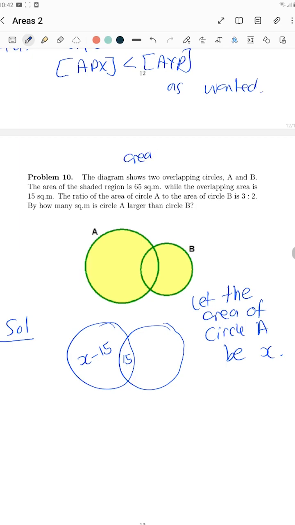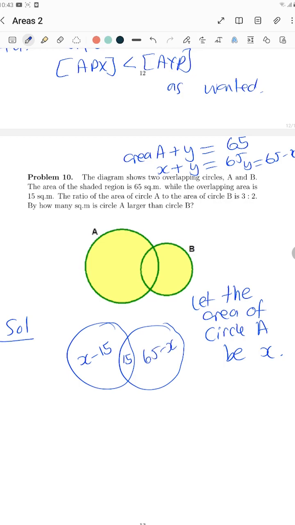So the area of A plus the bit over here, let's call this bit over here Y, it's got to be 65. And if the area of A is X, so X plus Y is 65, that tells us that Y has got to be 65 minus X. So then this bit will be 65 minus X.